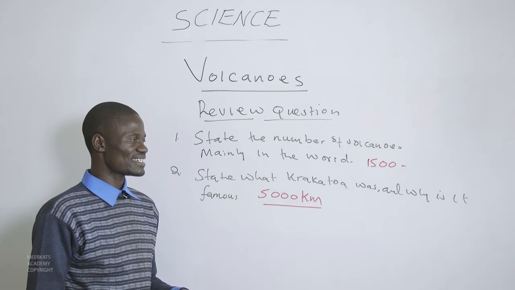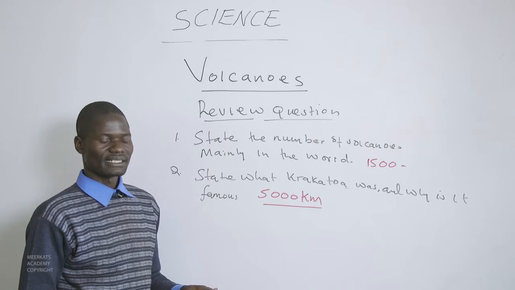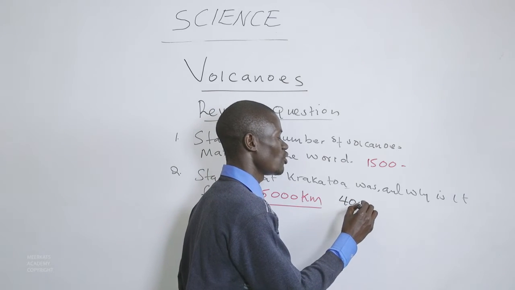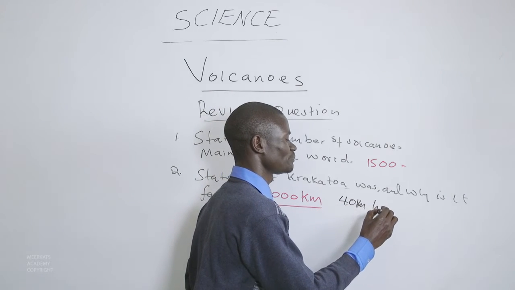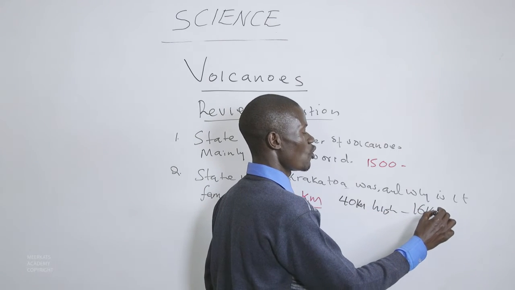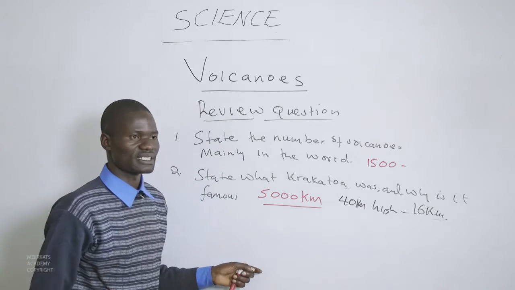It also generated a very huge wave that was almost 40 meters high, or 40 kilometers high, and it was traveling at a speed of 15 kilometers, causing a lot of destruction.